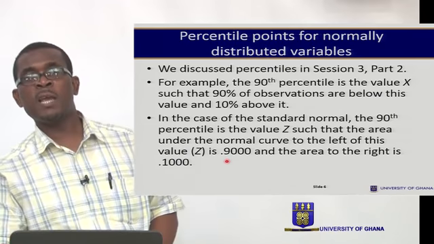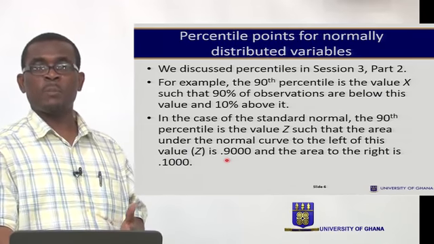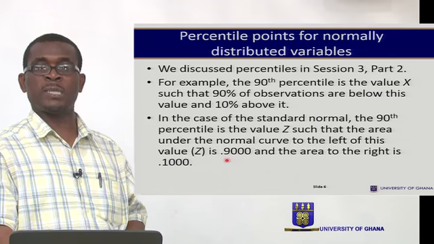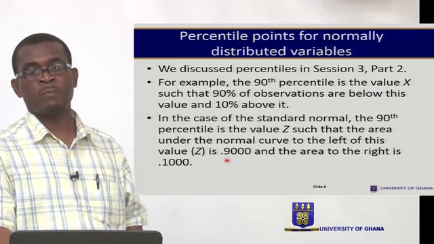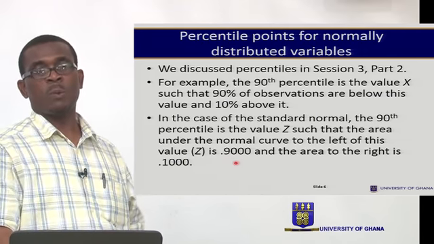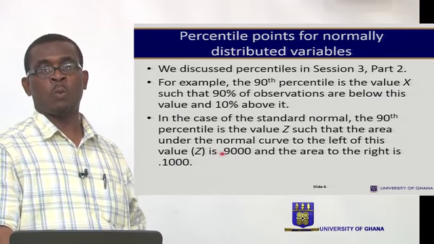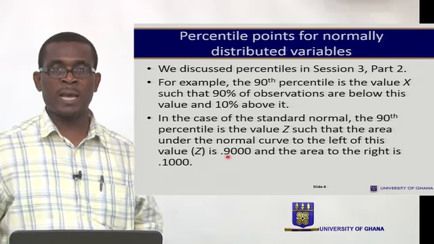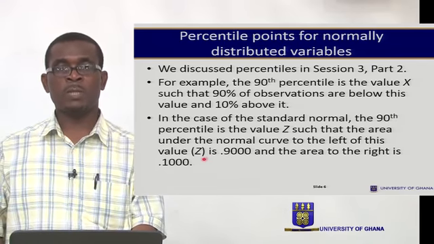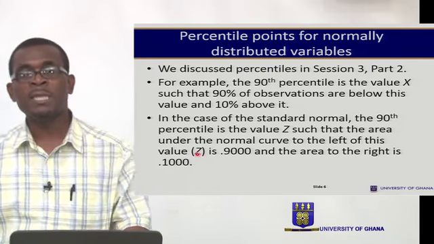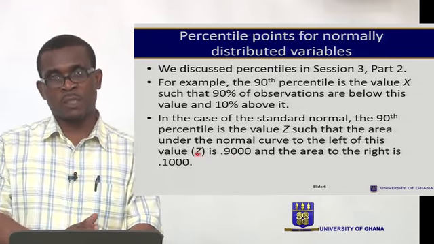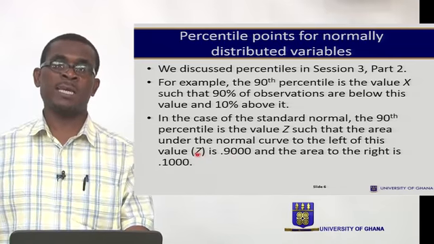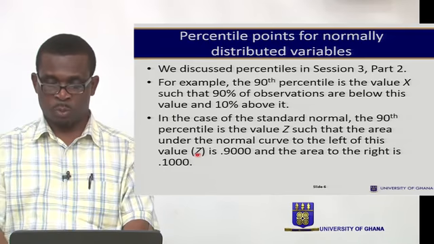Since the total area is 1, summing 0.9 and 0.1, you get 1. So we're saying that the total area under the curve is 1. And in a 90th percentile, you want to mark a point where the z value is such that the total area to the left of this z value is 0.9 and the area to the right is 0.1.